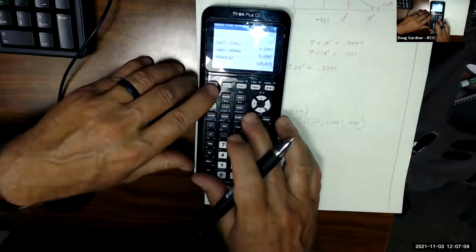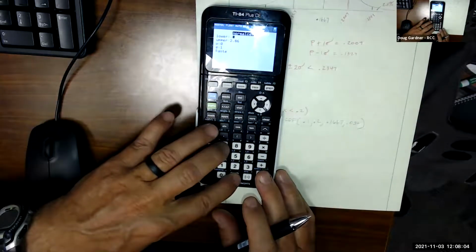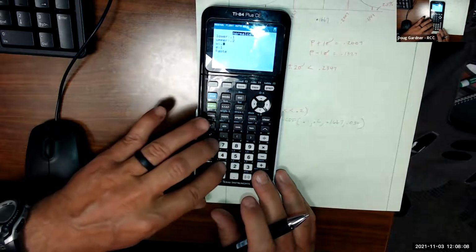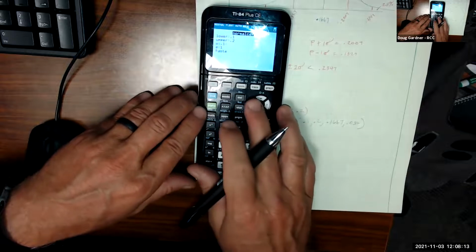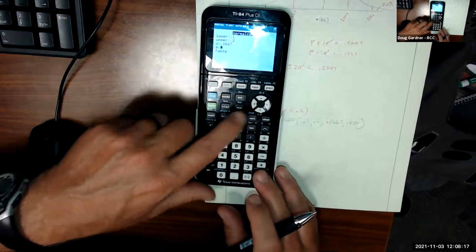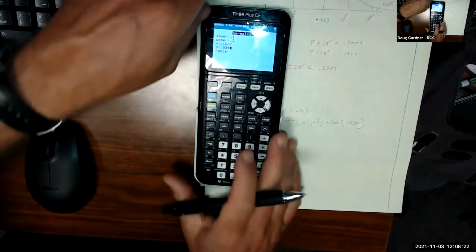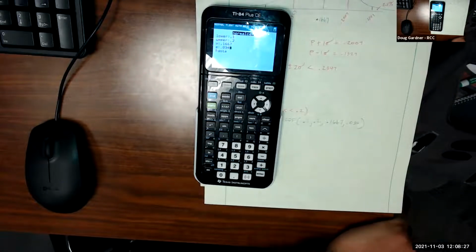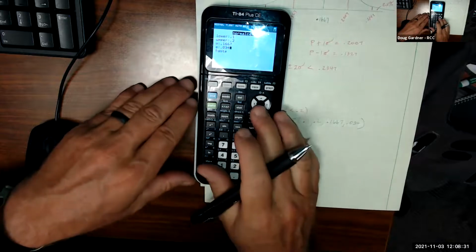So I say second distribution, normal CDF, lower limit 0.1, upper limit 0.2, mean 0.1667, and the standard deviation was 0.034. By the way, it was 0.0340 was the next number, which is why I don't have a number after this. So I'm just rounding however it feels to me.